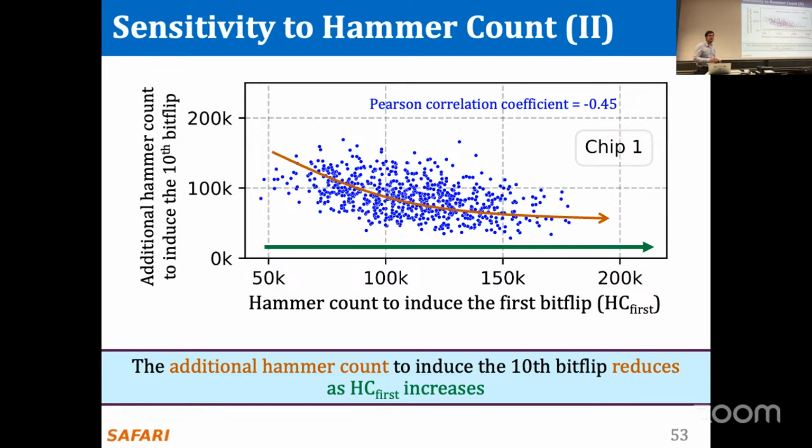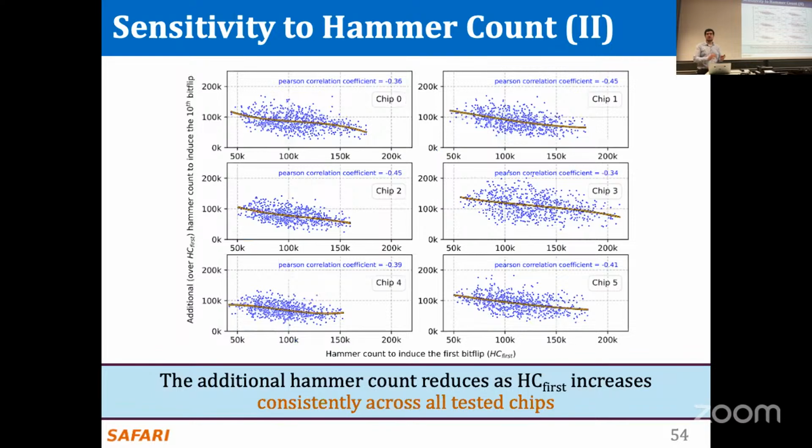This shows that if a row can endure many hammers before it exhibits the first bit flip, we can likely induce more bit flips with fewer additional hammers in that row, which could be a useful observation for attackers. But we don't close that gap, right? So we don't move from this to some useful system level implication. And we see similar distributions across all tested chips.